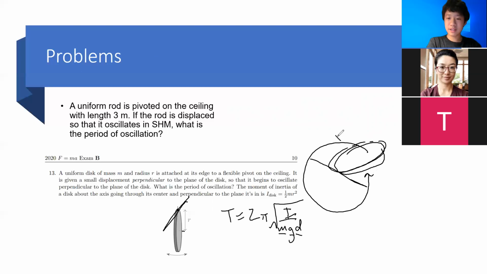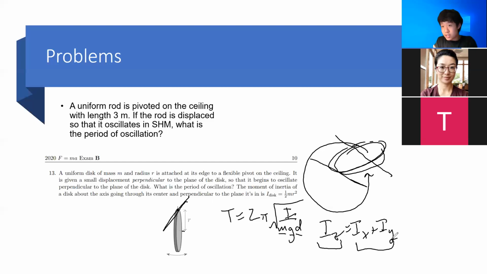Well, first of all, you got to find the inertia through the center of mass around an axis parallel to the plane. And for this, we're going to use Iz equals Ix plus Iy. Remember that from the inertia equations. Iz is the inertia perpendicular to the plane of the cylinder. Ix and Iy are perpendicular to each other and perpendicular to z, but parallel to the face of the cylinder.